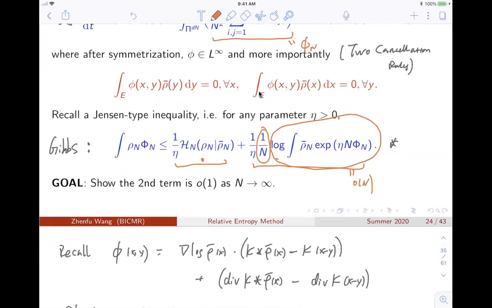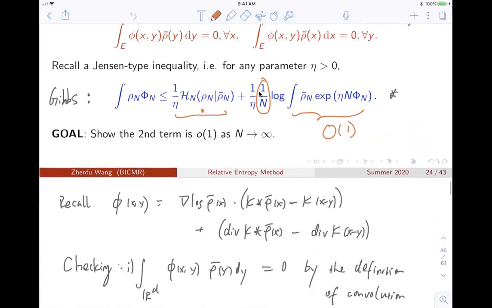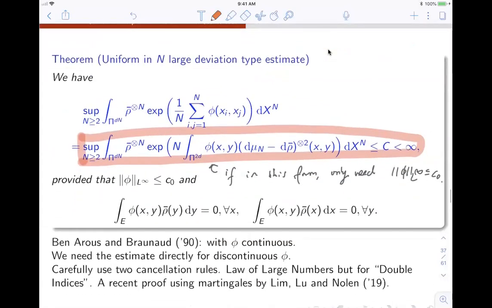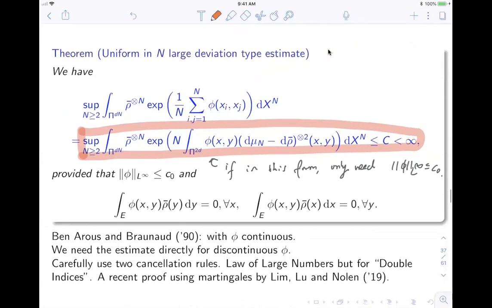We state the following: given phi bounded and eta small enough, this term is of order 1. So this is our main estimate. We call it a uniform-in-n large deviation type estimate.